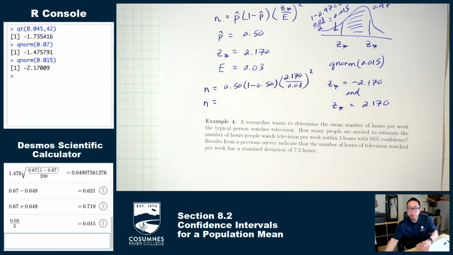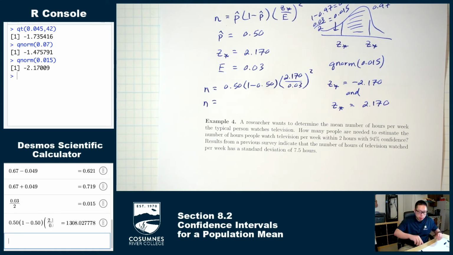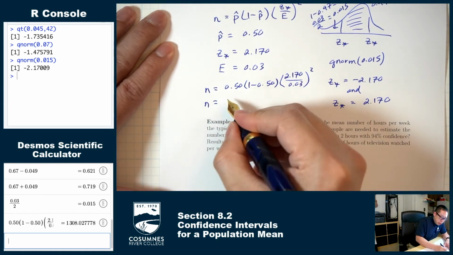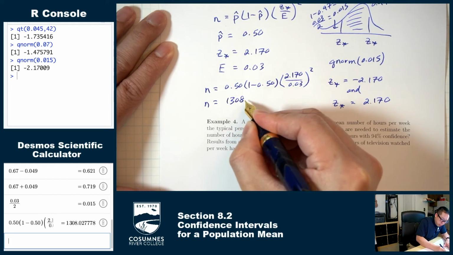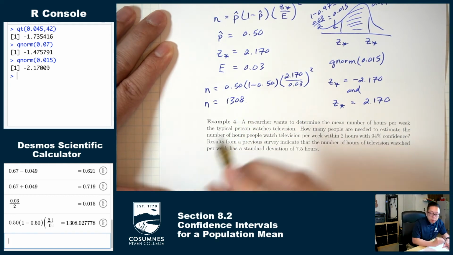Okay, so on Desmos, 0.50, parentheses 1 minus 0.50, close parentheses, times 2.170 over 0.03, close parentheses, don't forget the square. That gives 1308.07028.